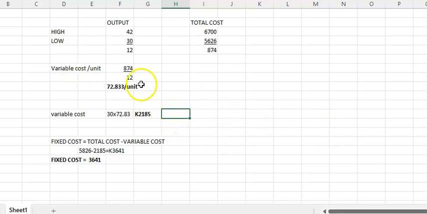Okay, so let's now pick 42 and see. We want to pick 42 and we should find the same fixed cost. So you don't have to worry that your friend has picked this one and you are going to have different answers. No. So it will be equal to 42 times 72.83.